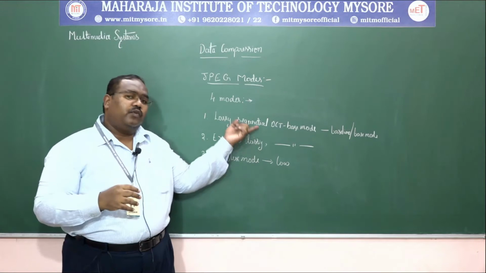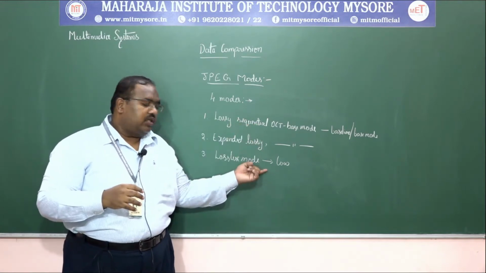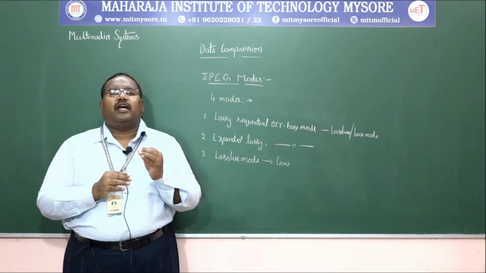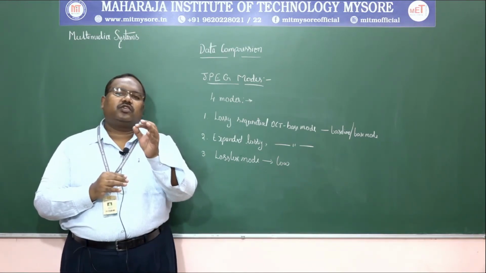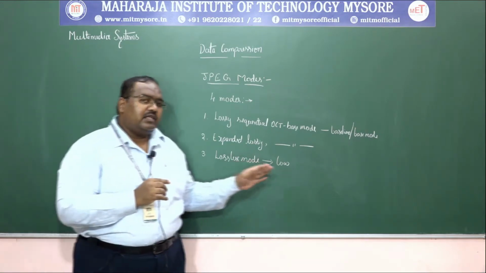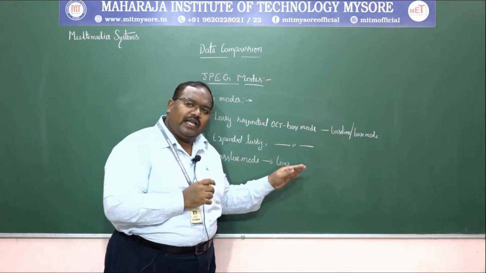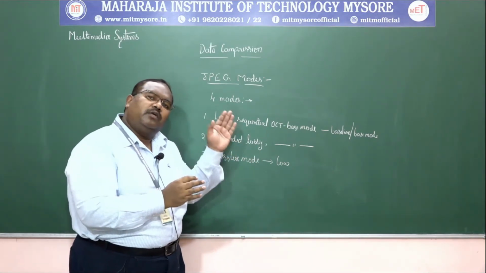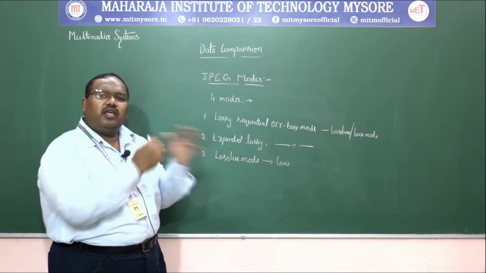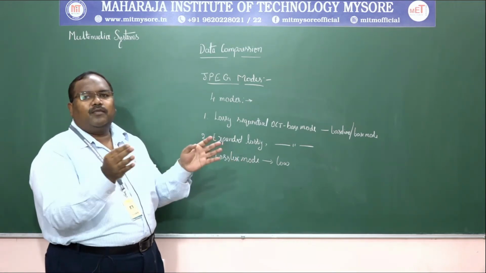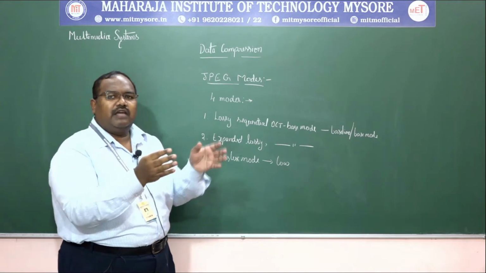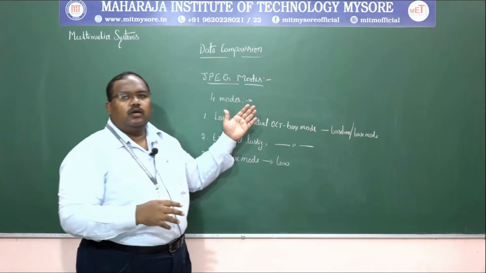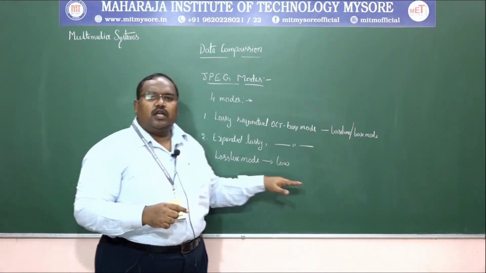Whereas we achieve high compression elsewhere, in lossless mode we achieve a very low compression ratio and it allows perfect reconstruction of the original image. When we try to regain it, we get the original image because nothing or a negligible amount of information is lost. When every coefficient is available, it is easy to reconstruct the original image. That is called the lossless mode.